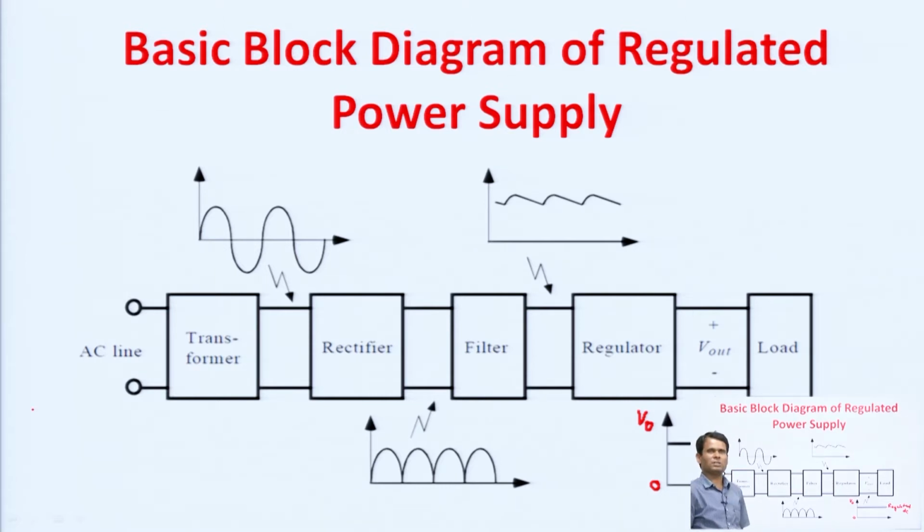If we do not use a step down transformer and directly convert the AC signal into DC signal, then we will have the DC value 2Vm upon pi, and the Vm for input signal in our house or laboratories is 311 volt, so 2 into 311 upon 3.14 will be very high.